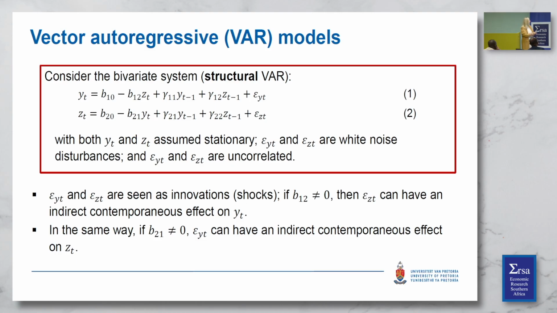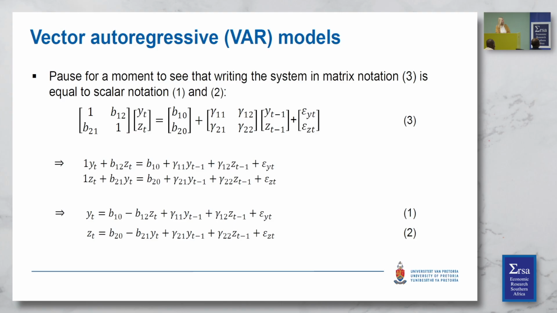In the same way, if this parameter is not 0, a shock to Y will change Y here, and that Y will then affect Z. So there will be a contemporaneous effect too.